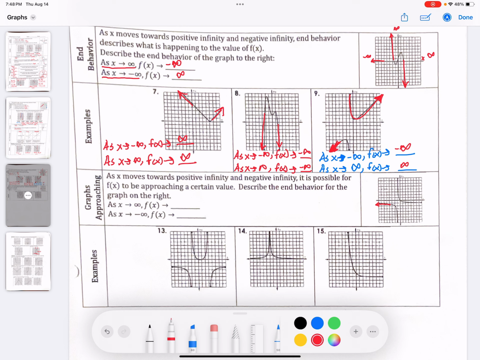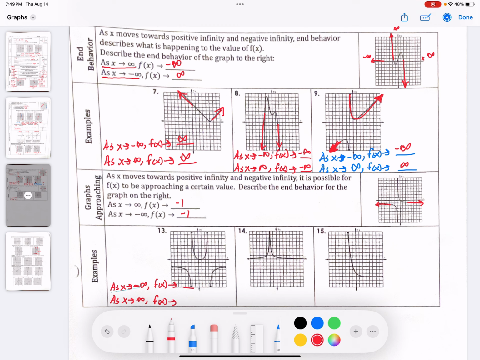My end behavior for that is going to be f of x approaches -1 because that's the height that it's ending at, okay? And same way if I go out to the right, it's going to have a value of -1. So with our examples, as x approaches negative infinity, as x approaches positive infinity, f of x approaches blank.